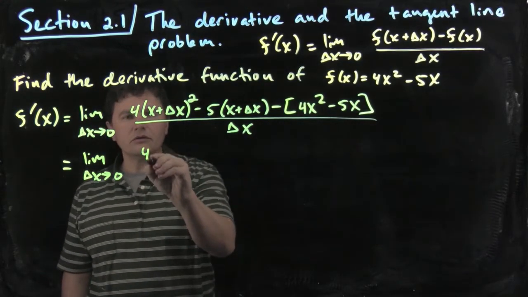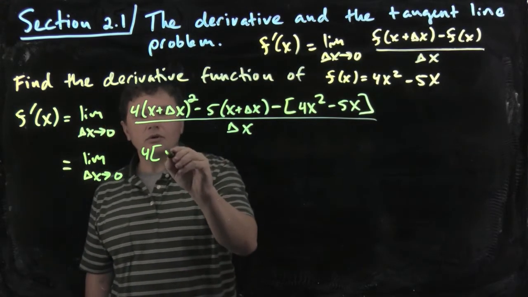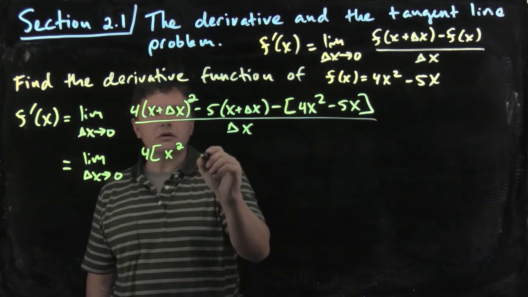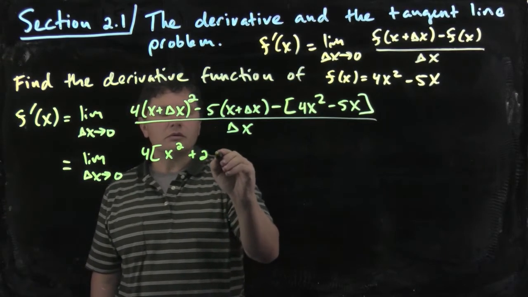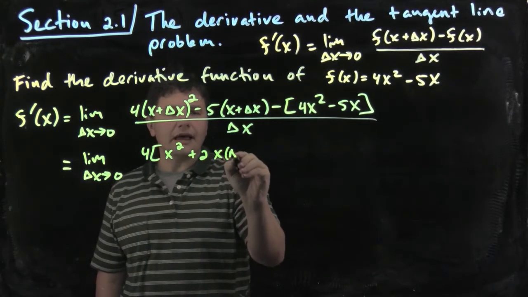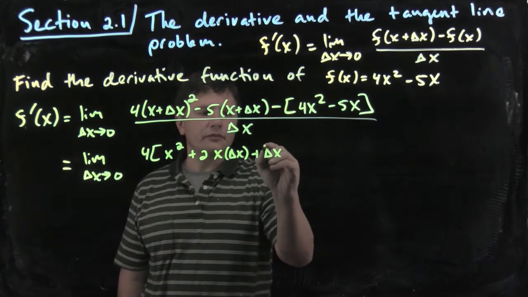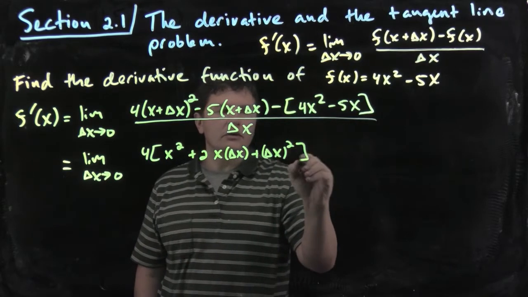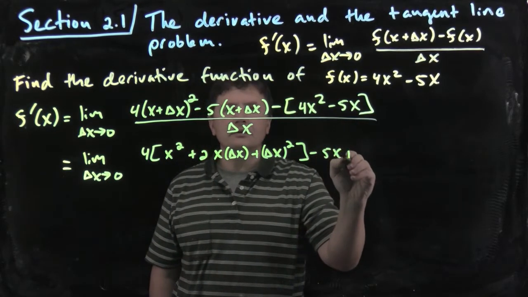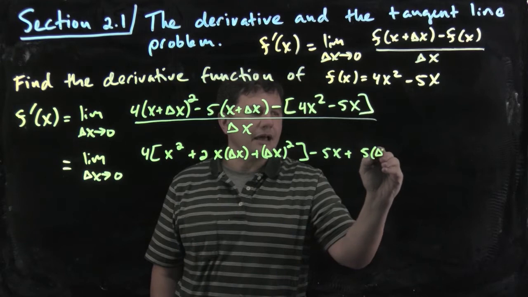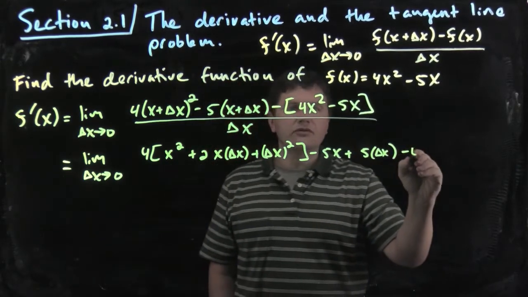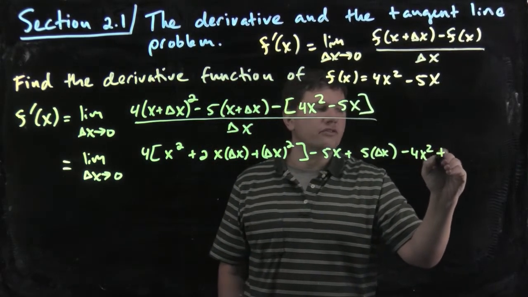Now it's time to do some simplification. Once again, I'll FOIL this out, or multiply this out. So this will be x squared plus 2x delta x plus delta x squared minus 5x plus 5 delta x minus 4x squared plus 5x.